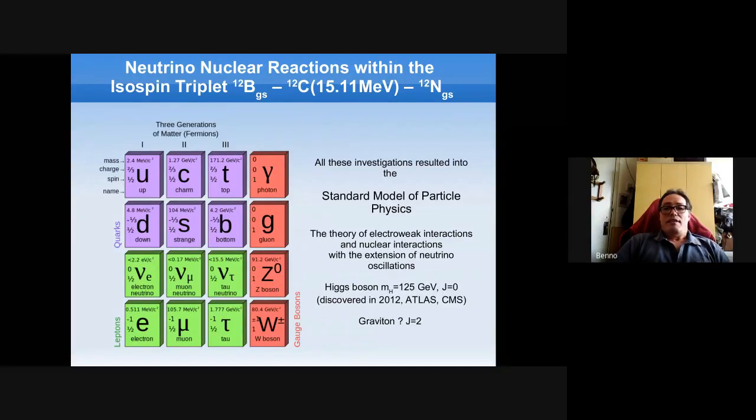All these investigations led to the theory we now call the standard model of particle physics, which is a theory of electroweak interactions and nuclear interactions. I'd like to emphasize this part here. We have the 6 quarks, and of course the antiquarks, and the 6 leptons: the neutrinos, and the electron, the muon, and the tau.